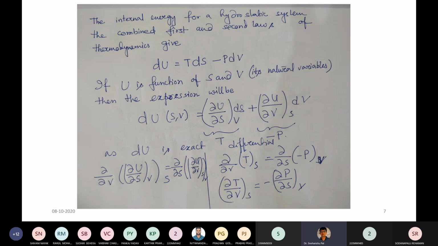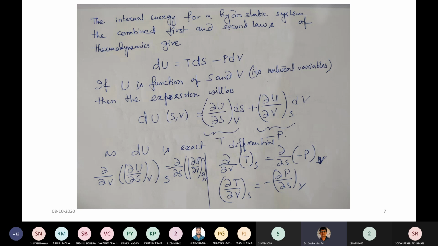So U is a function of S and V, entropy and volume, and both are natural variables. We already understood what a natural variable is. Natural variables are a set of appropriate variables that allow you to compute or determine other state functions through partial differentiation performed on the thermodynamic potentials. This is the basic definition of natural variables.